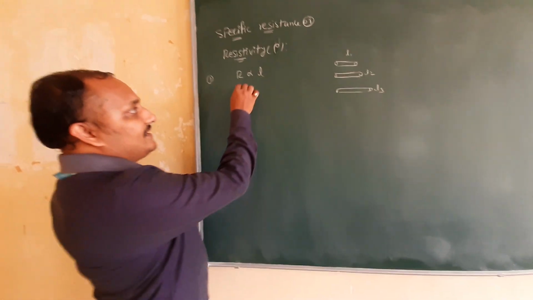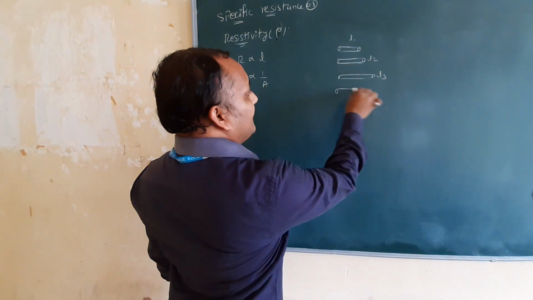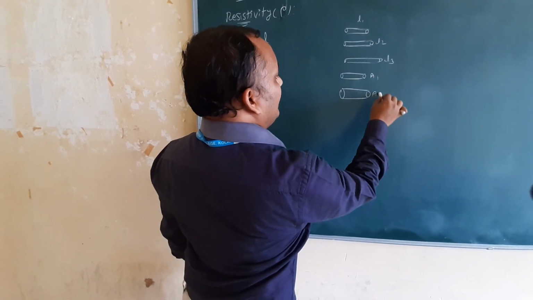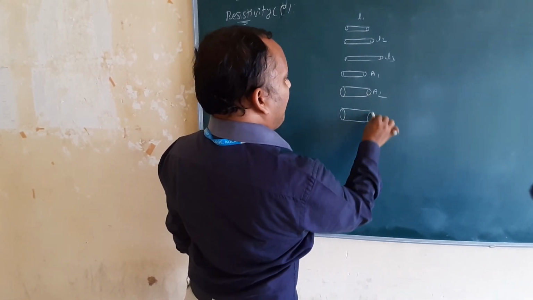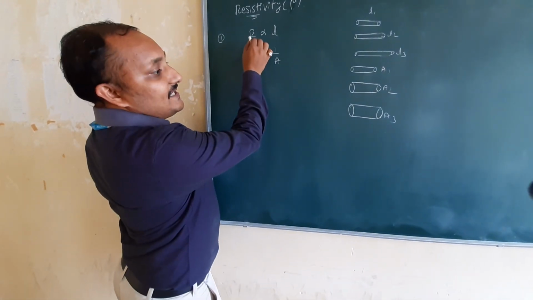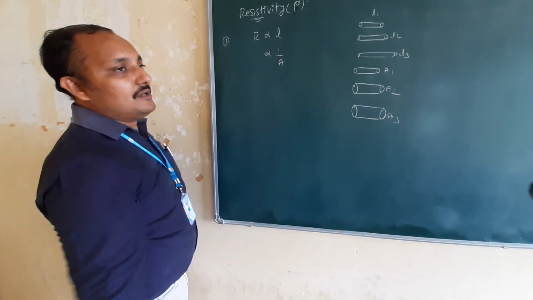Likewise, resistance is inversely proportional to area of cross section. Area of cross section A1, A2, A3. If you are increasing the area, the amount of resistance is going to decrease. Inversely proportional to area of cross section.